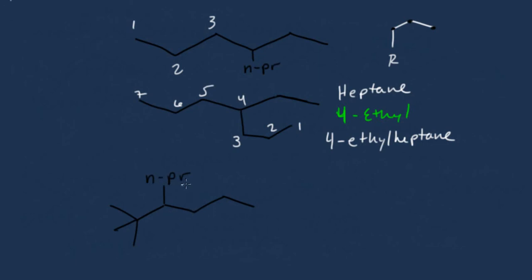If we did the same thing here, we can see that maybe this is our 3 carbon, this is our 4, and if we go to the right, we'll end up with 7. If we go to the left, the highest we can get up to is 6. And so we're going to go to the right, and that's going to be our correct chain. So our parent chain is heptane again.